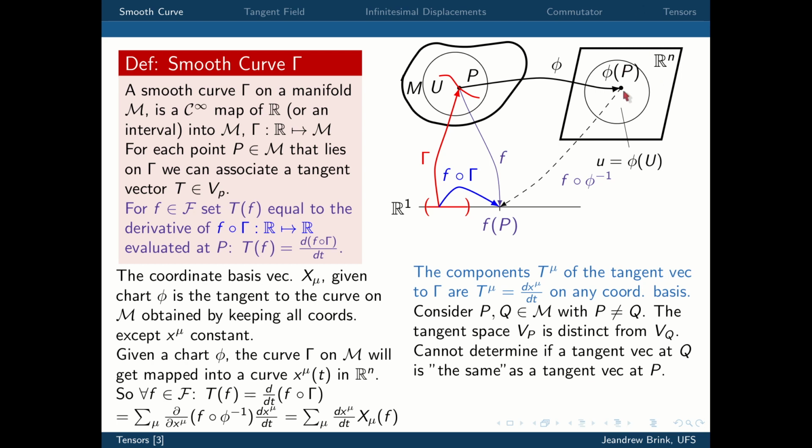If we're working in Rn and we had just a curve in Rn, we immediately knew the intrinsic idea of a vector here, how it's related if the vector changes to a different part on the curve. We cannot do that for the manifold. We can define the vector, we can work out its components, but we cannot say if there's any intrinsic relationship between the vector at P and at Q, because we don't yet know how to do that.